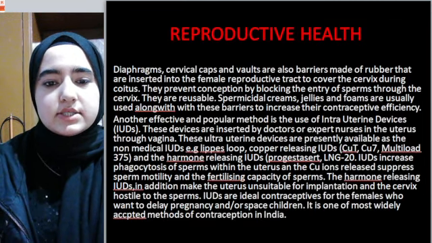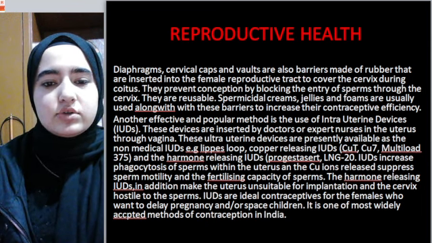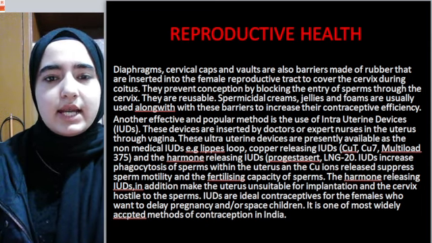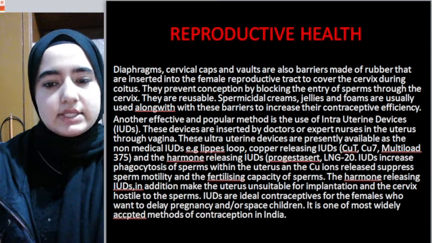Okay, I hope this concept is clear. These copper ions are released in order to suppress sperm motility, and they decrease the fertilizing capacity of sperms. So we have hormone releasing IUDs as well.